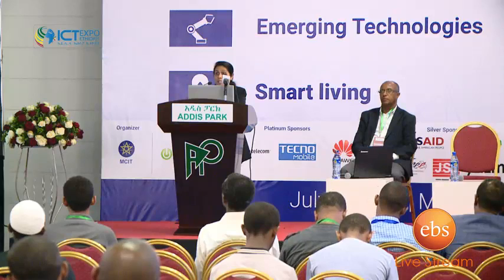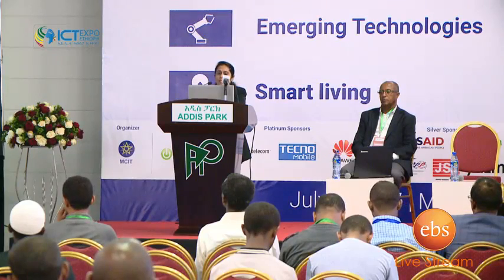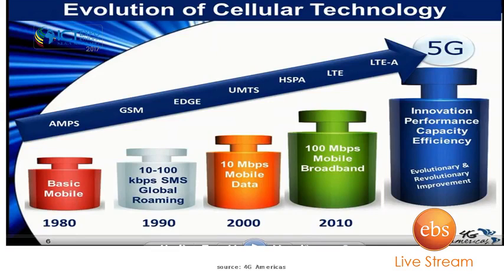Because of the new technologies which have been added into this, that is what is making people more curious. And when you take a look at this slide, I also wanted you to notice that from AMPS until 5G, there is an increase in the capacity.